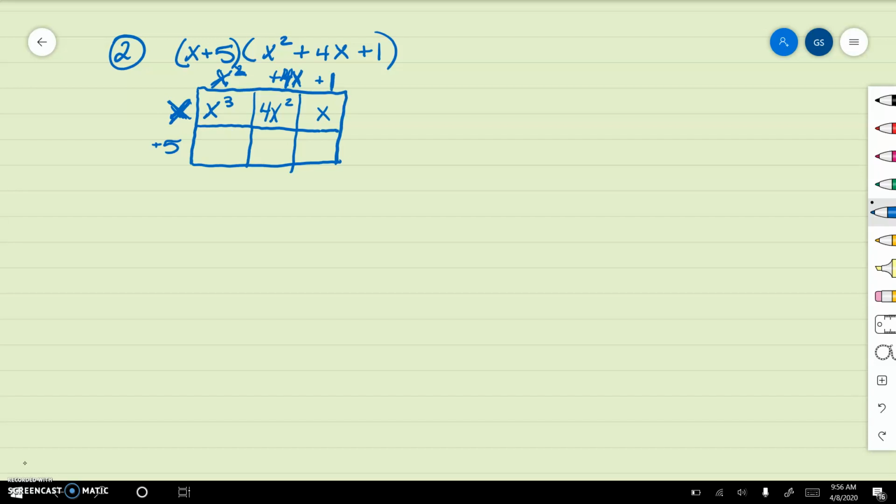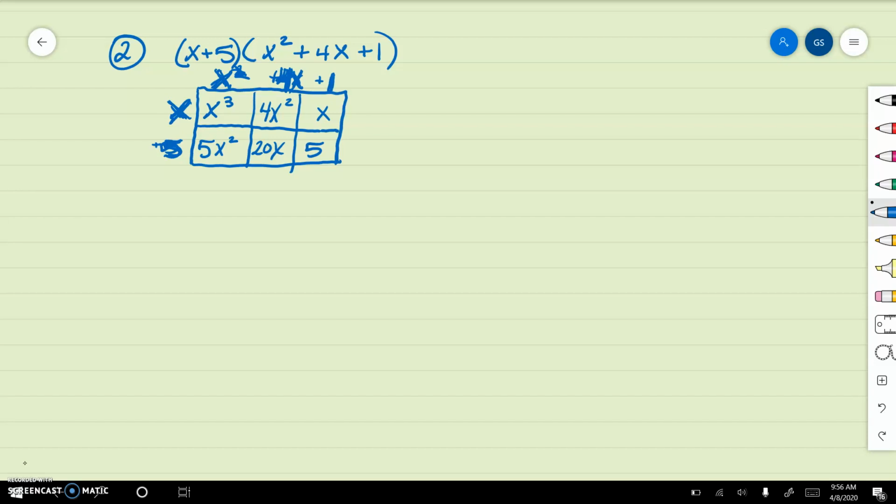Now we're going to have to do the second row. So we have x squared times 5. Well, that is 5x squared. Now we have 4x times 5, which is a 20x, and then we have the 1 times 5, which is 5.